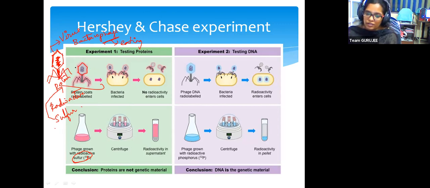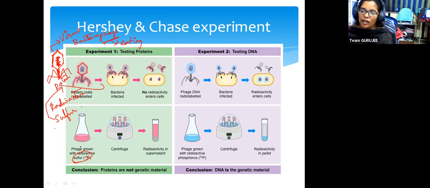That's why in the picture it is shown as a fluorescent light. They took some media, and in that media they added radioactive sulfur.